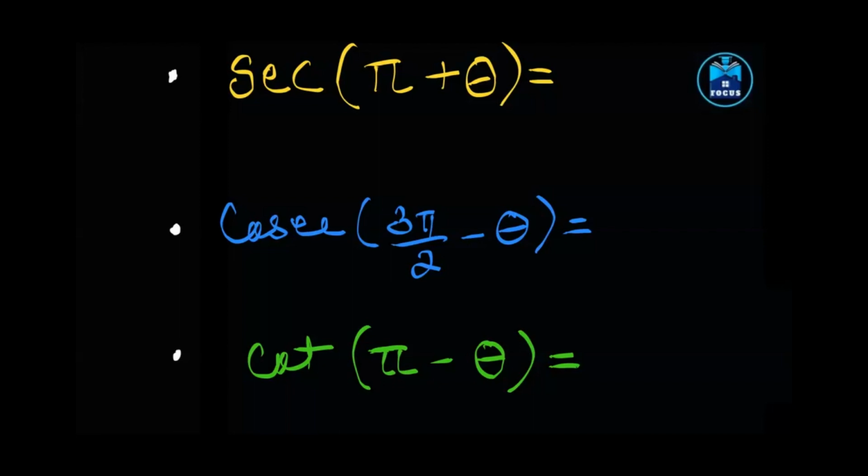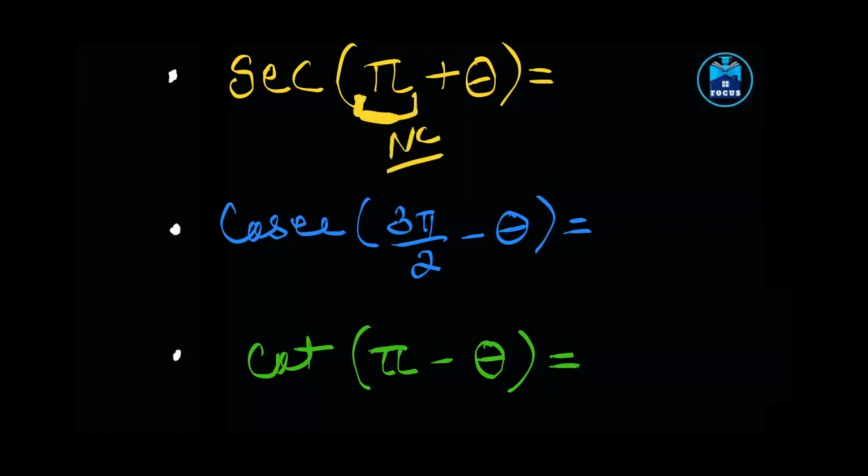So sec (pi plus theta) is minus sec theta. You are directly telling me the answer. You have to guide me towards the answer by telling me that this is a no change question. You have to tell me each and every step. Okay, so it's a no change question because there's pi.